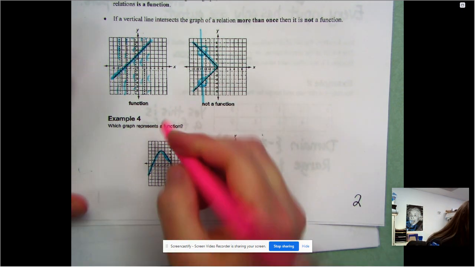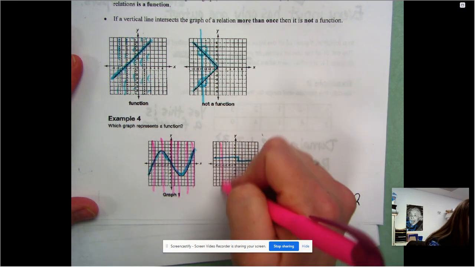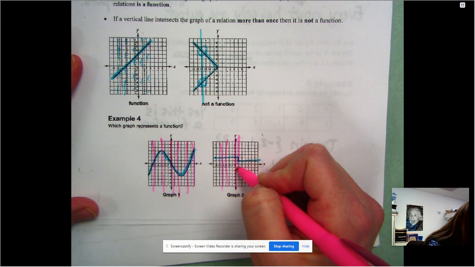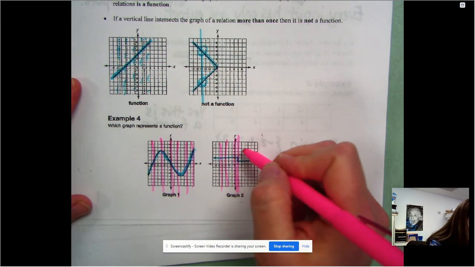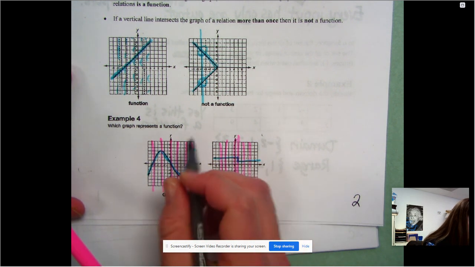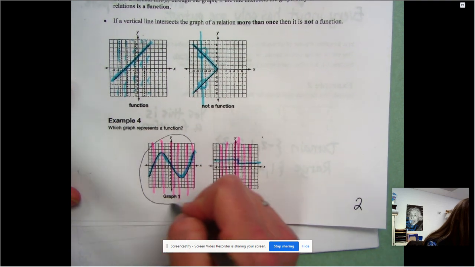Graph 1, you're only passing through once each time. Graph 2, you're passing through once except for right here at x equals 1. Right there at that little notch, we pass through more than one. So this is not a function.